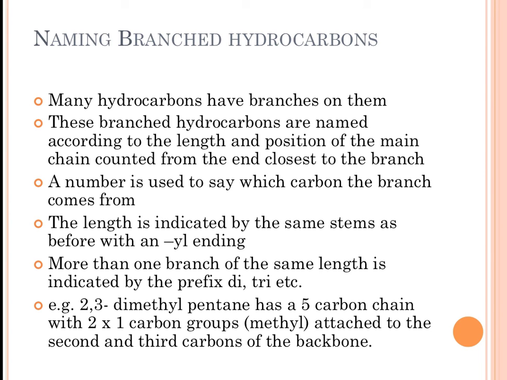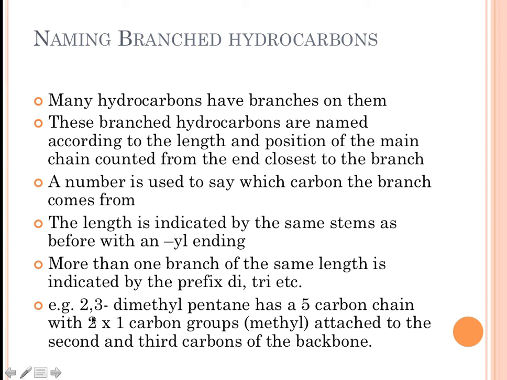So everyone knows it's a branch, we say a yl ending, and that yl ending tells us that it's a branch, not the main chain. So you might have a methyl or an ethyl branch. If we've got 2 groups which are 1 carbon in length, then we'd say it's dimethyl. And then we also have the number that tells us where it is.